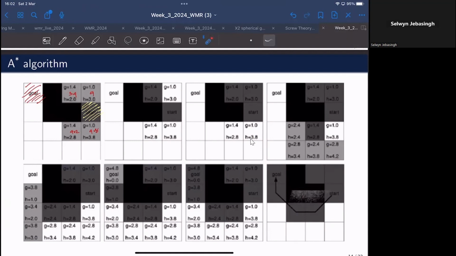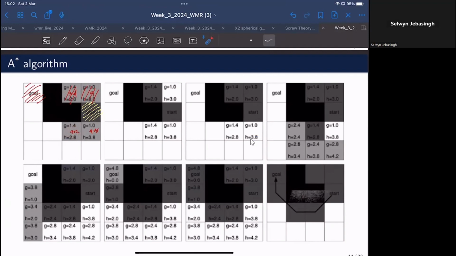So since this is next to an obstacle and it cannot go any further, you can disregard this path. And the next path, which has the least amount of expected cost, is 4.2. Because this has 4, it cannot also go here because it's actually a closed path. Then out of 4.8 and 4.2, 4.2 is the path which has the lowest expected cost.